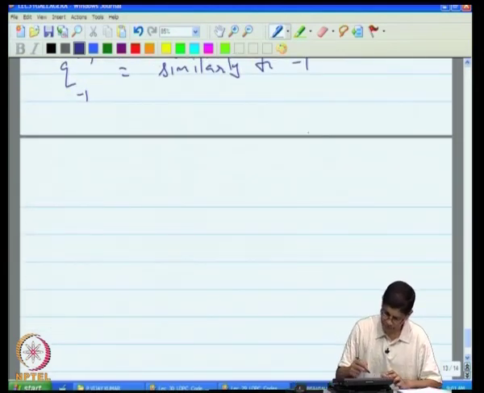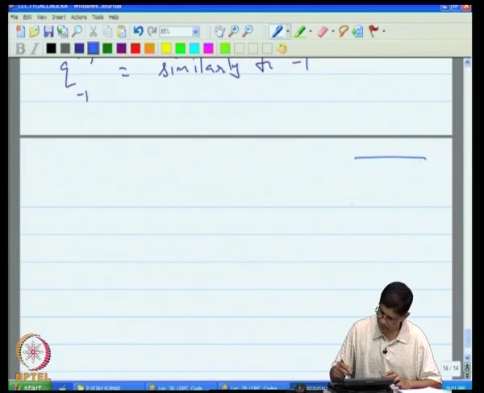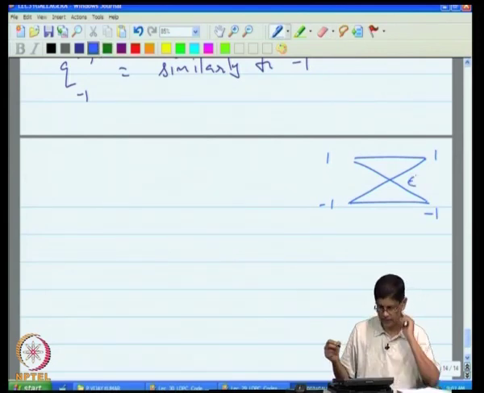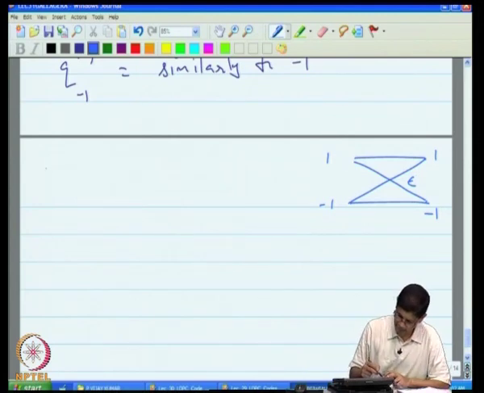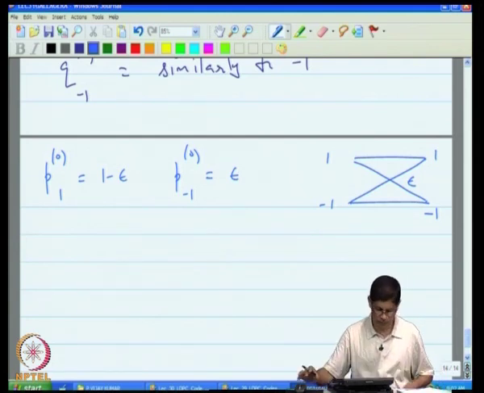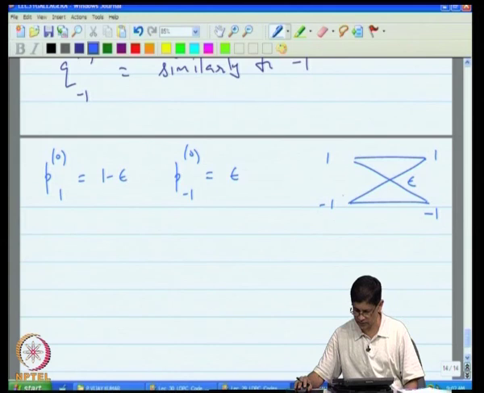Now, keeping in mind that our channel is a binary symmetric channel, and that the crossover probability is epsilon, we know that P 1 of 0 is equal to 1 minus epsilon, and that P minus 1 of 0 is equal to epsilon, because we assume that the all 1 code word was transmitted.